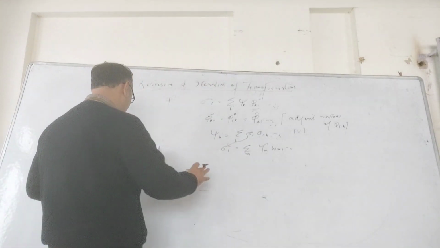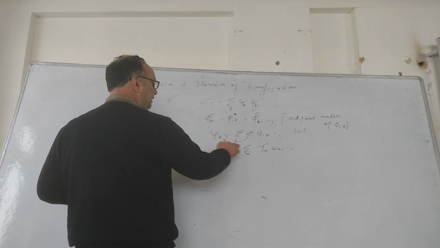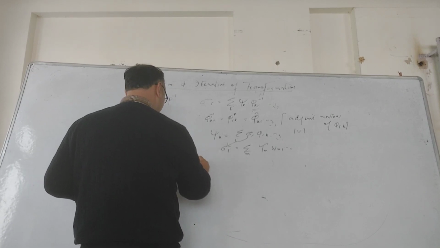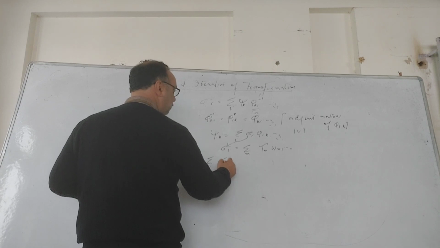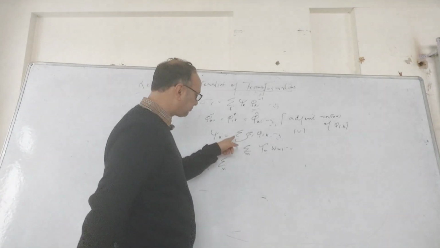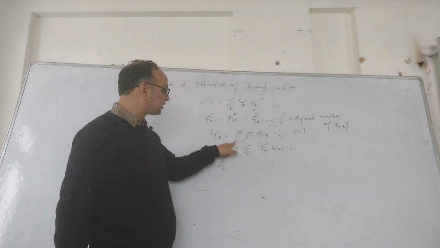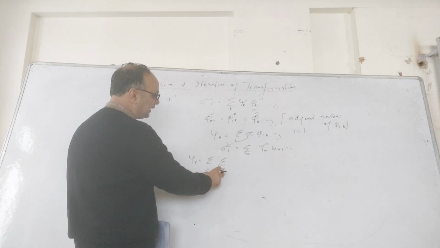Further, if you want to see the sigma system, psi system and tau system, we can write psi k as sigma i, sigma m. Here you see its subscript is i, and here the subscript is m, so you will have i and m.